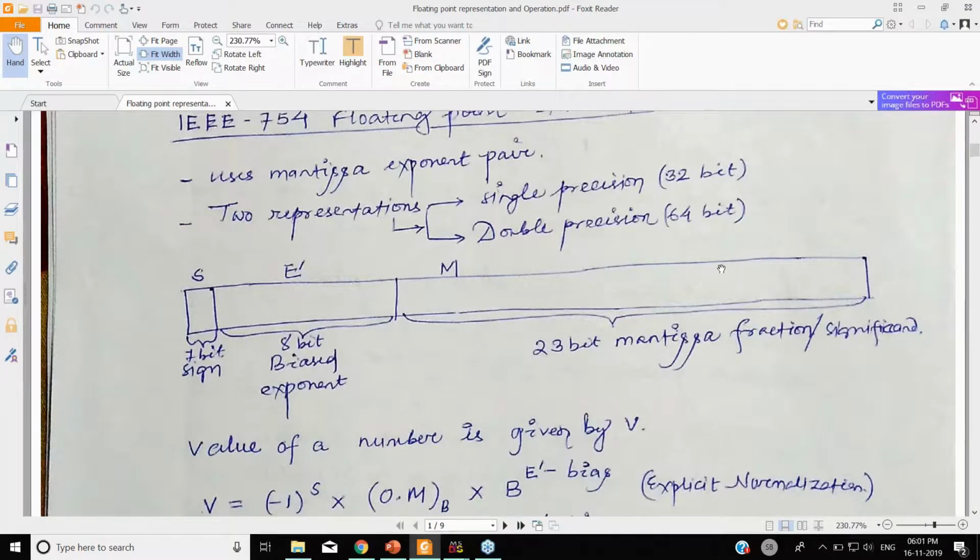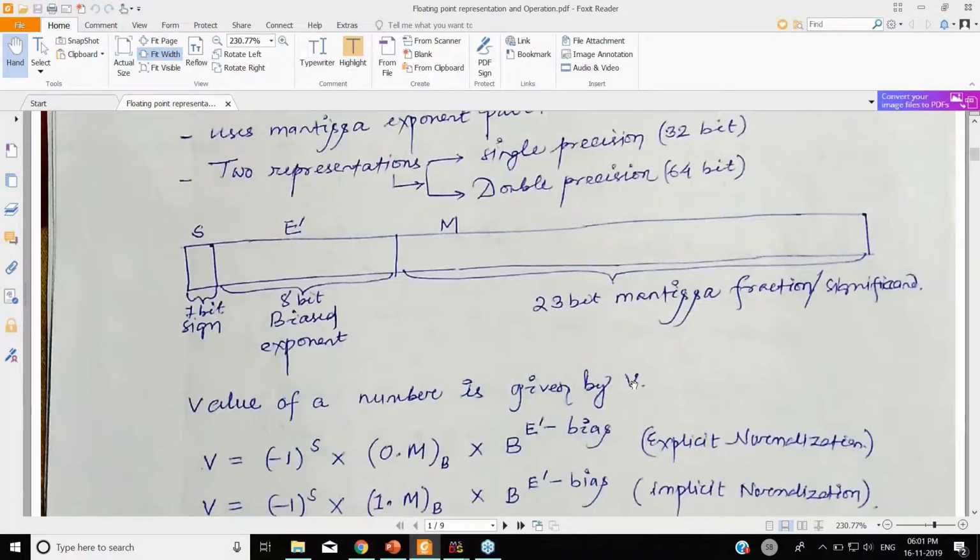We have seen in the example, right? It was 23 bits for the fractional part. That is called mantissa or significand. Then the exponent is of 8 bits and the sign bit is of 1 bit. So 1 plus 8 plus 23 is equal to 32. In the case of single precision, this is the division.